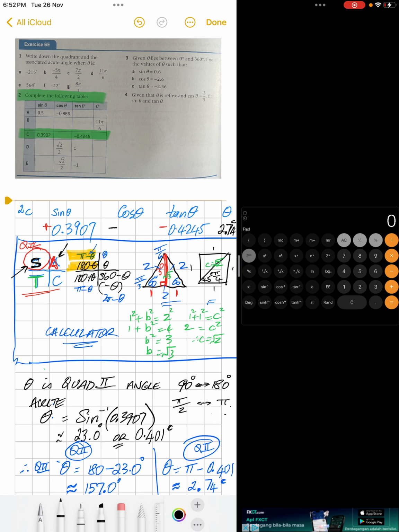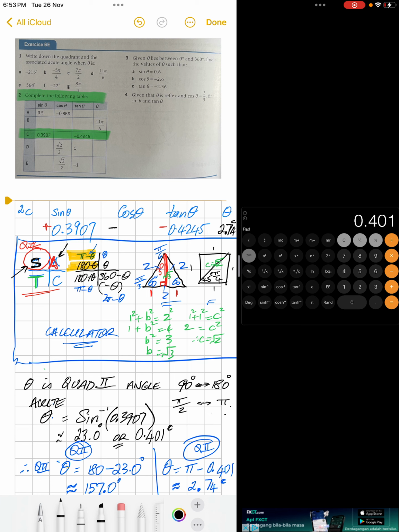Let's leave radians there. I'm going to go back to get my acute angle, which was 0.401 radians, that's good enough.